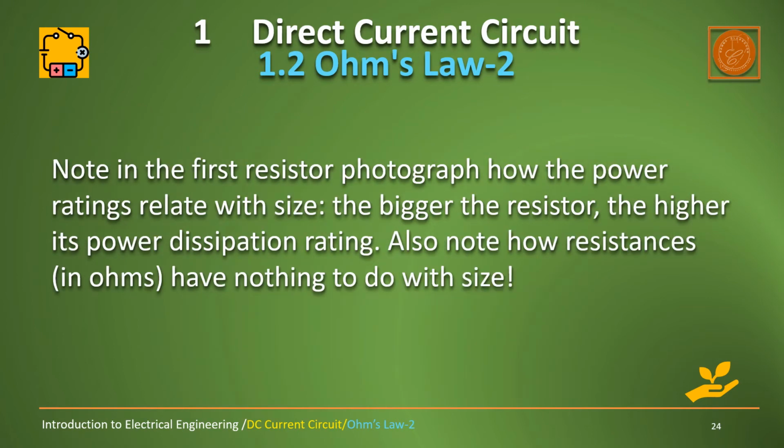Note in the first resistor photograph how the power ratings relate to size. The bigger the resistor, the higher its power dissipation rating. Also note how resistance in ohms has nothing to do with size.